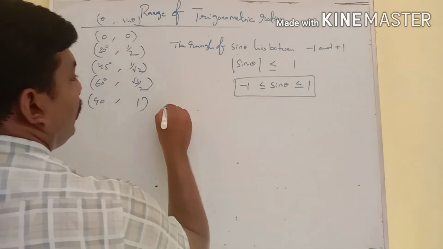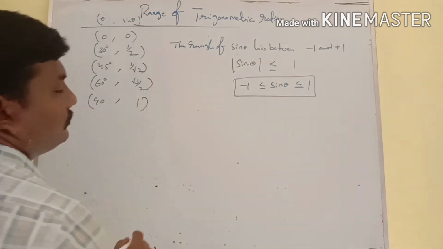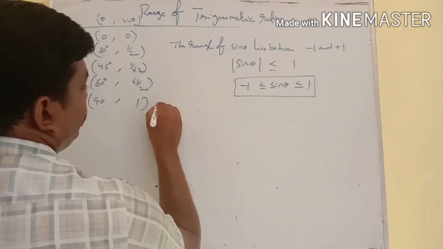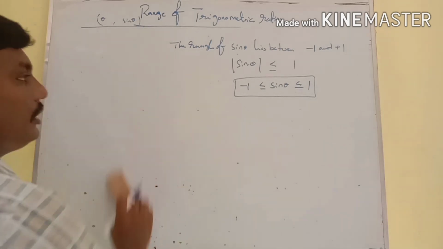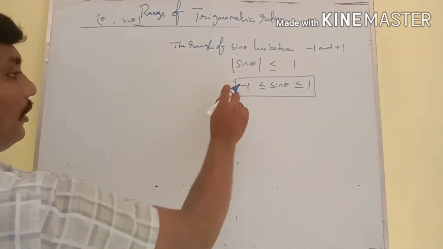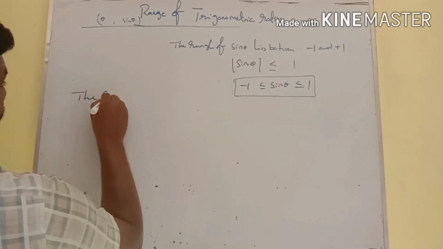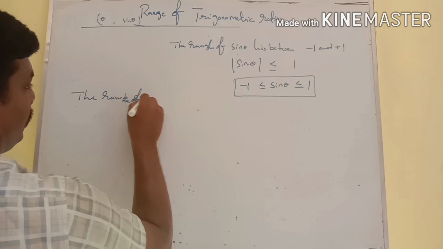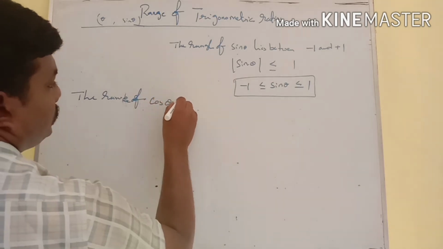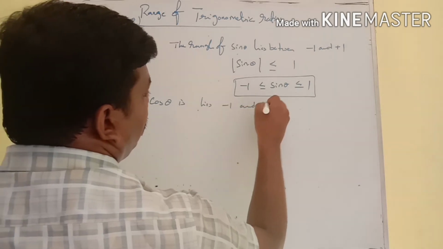Then coming to cos theta, what is the range of cos theta? It is the same as sine theta, because it is also minus 1 to plus 1. So the range of cos theta also lies between minus 1 and plus 1.